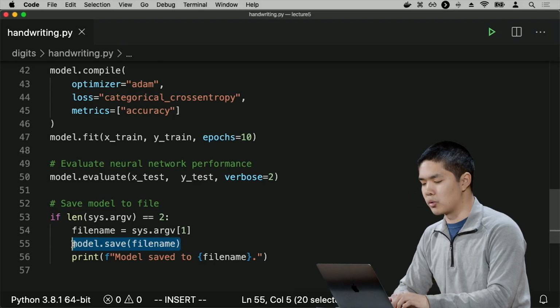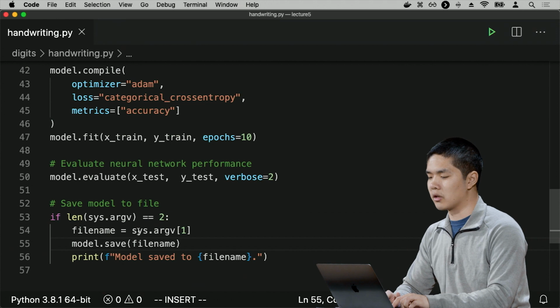You'd like to remember that information so you can use it later. And so TensorFlow allows us to just save a model to a file, such that later, if we want to use the model we've learned, use the weights that we've learned to make some sort of new prediction, we can just use the model that already exists. So what we're doing here is after we've done all the calculation, we go ahead and save the model to a file such that we can use it a little bit later.